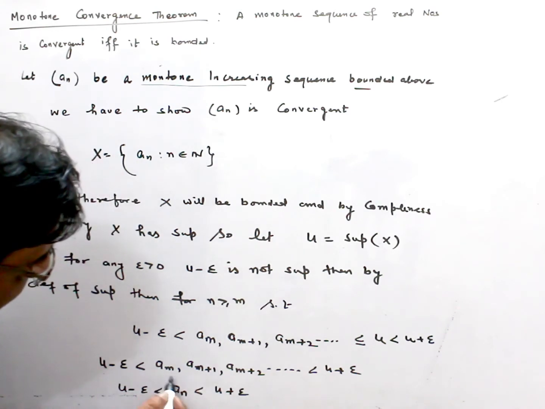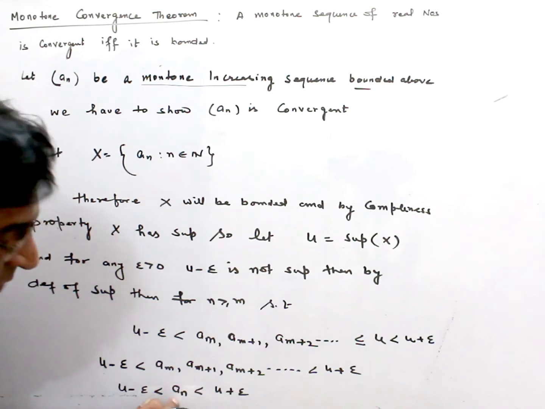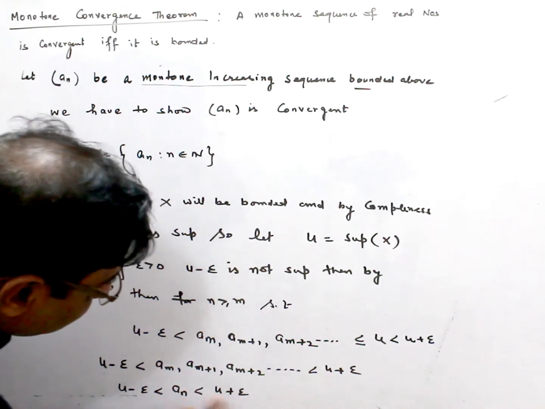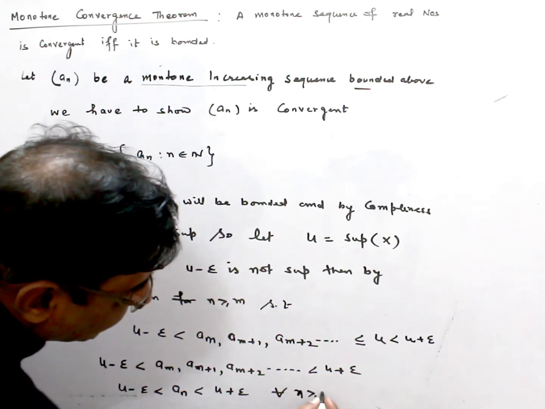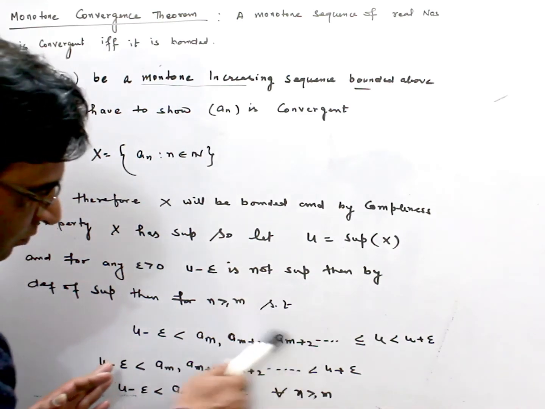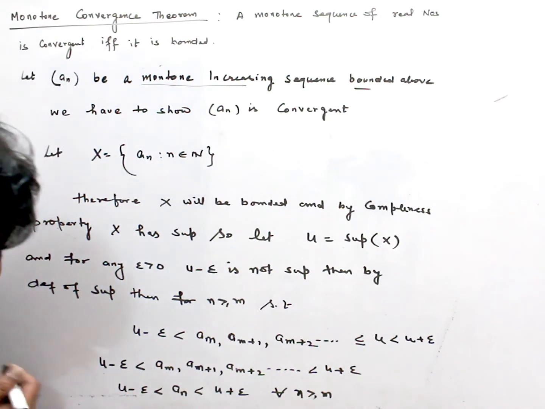Now I replace a_m plus 1, a_m plus 2 and so on by a_n. Therefore I have to write along with n greater than m. So this will ensure that these elements after m fall between these. So I can enclose this simply.